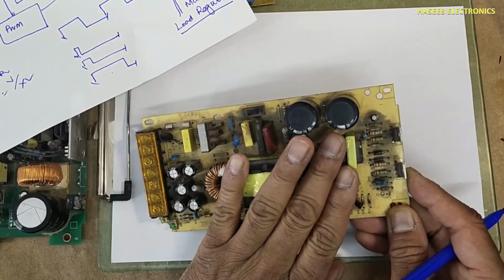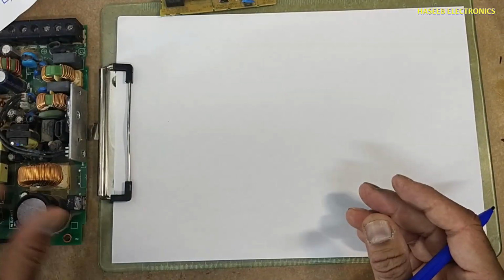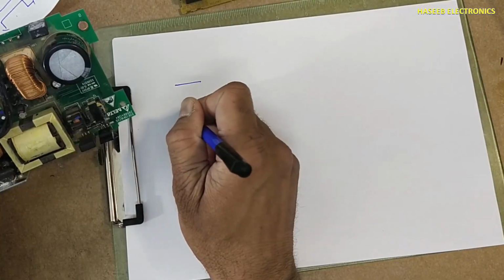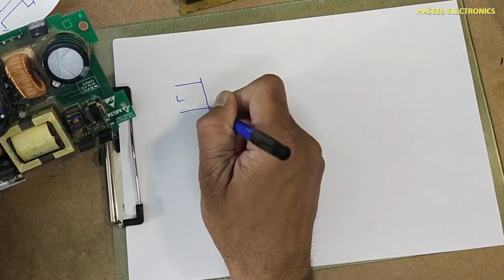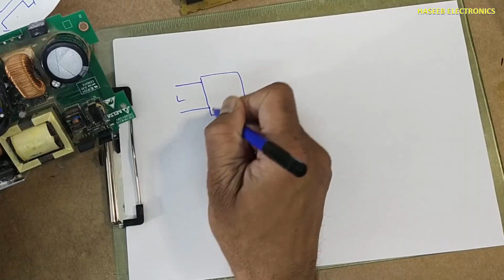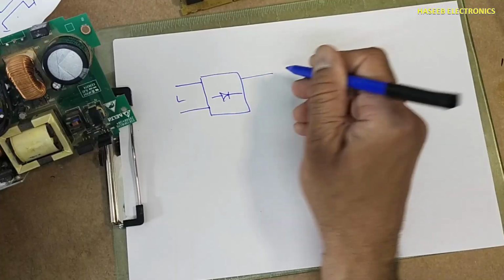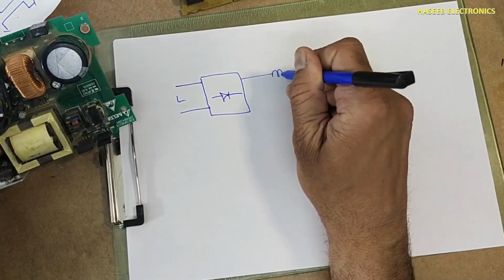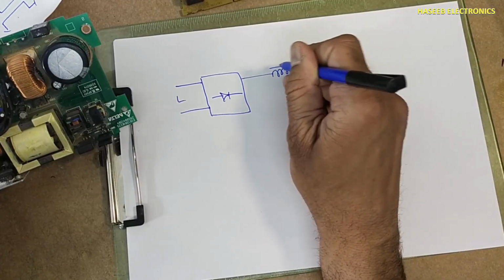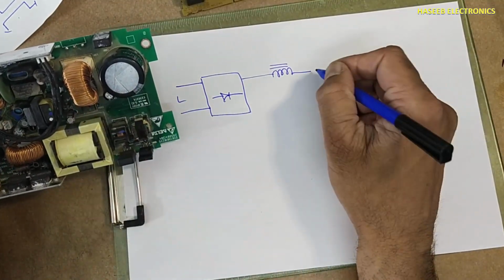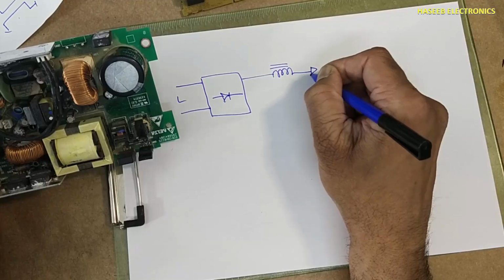This is a cheap design. If you see this Delta power supply, it will receive line voltage here, rectifier, then these voltages are passed to this PFC choke, PFC inductor, then a rectifier.